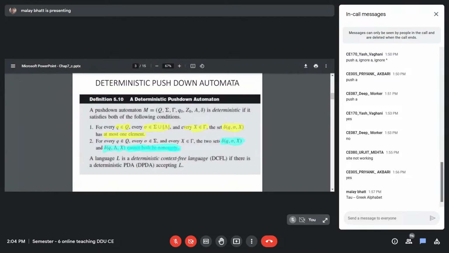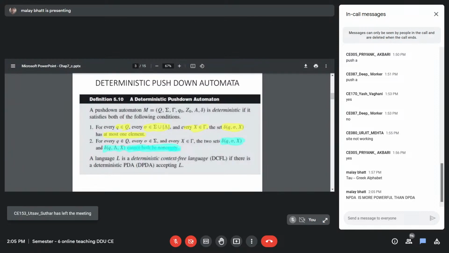non-deterministic push down automata. One most important thing is that the power of deterministic push down automata is less as compared to non-deterministic push down automata. So we can say that NPDA is more powerful than DPDA. That means we can accept more context-free languages with NPDA.